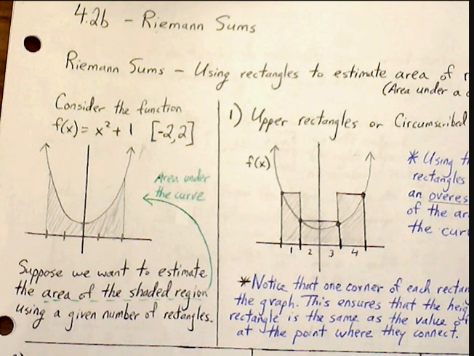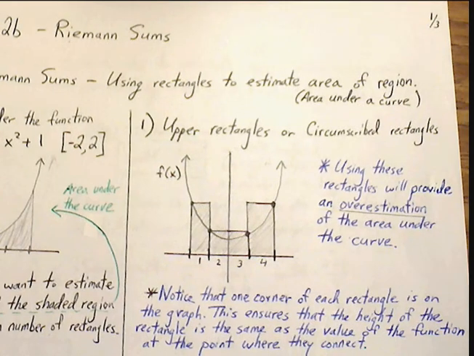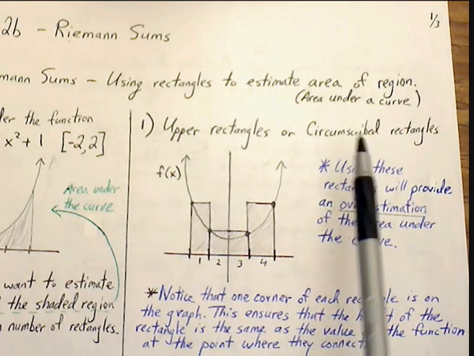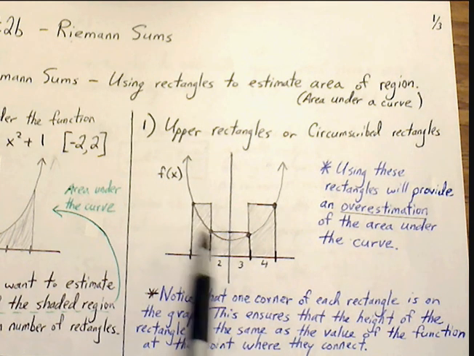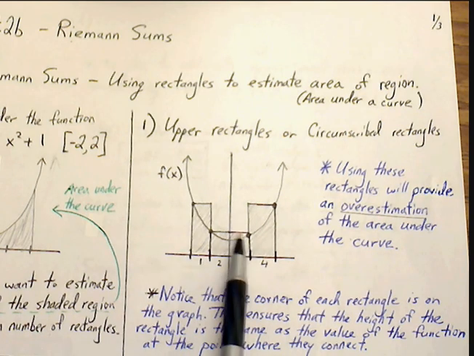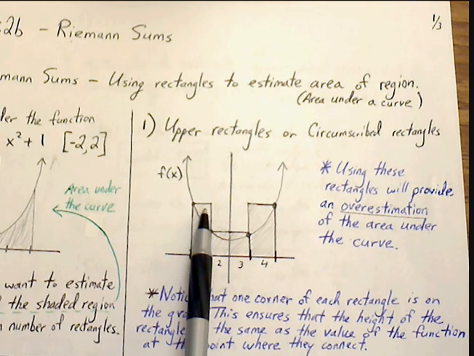So we have a couple of ways that we can use rectangles. The first way is using upper rectangles or circumscribed rectangles. Notice how these rectangles are drawn. You see that you have portions that extend above the curve.